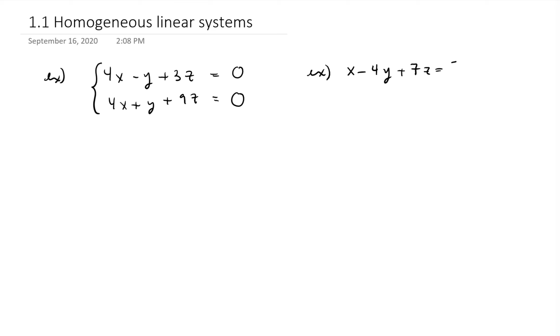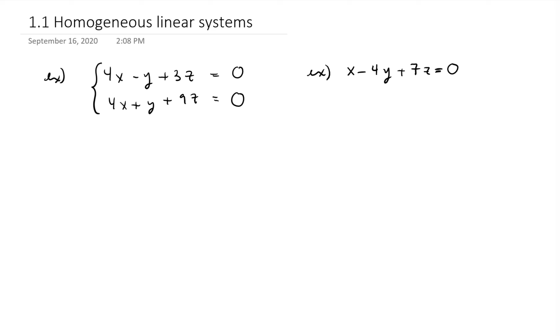Previously it was 5, and now I'm going to make it a homogeneous equation by assigning the constant value of 0. So those are two examples, one homogeneous system and one homogeneous equation, and I'm going to recover the solution set in each case.